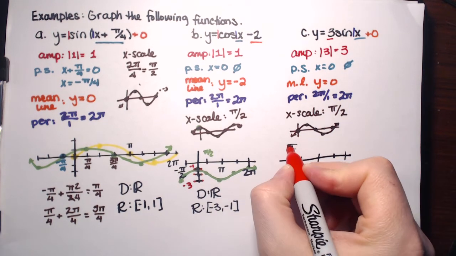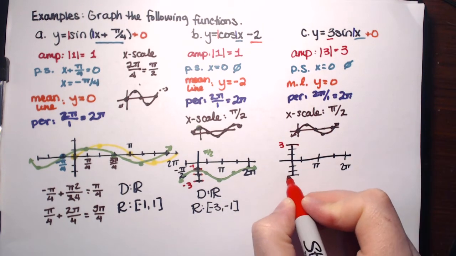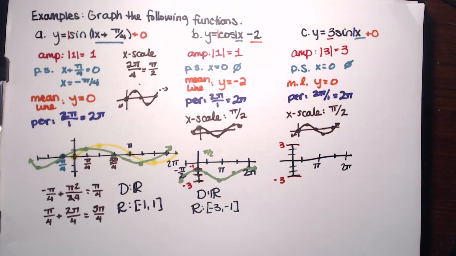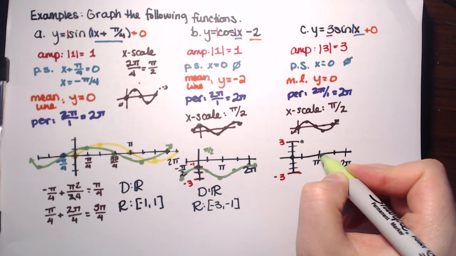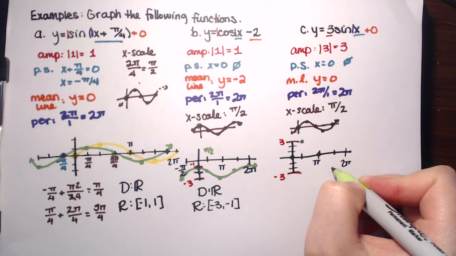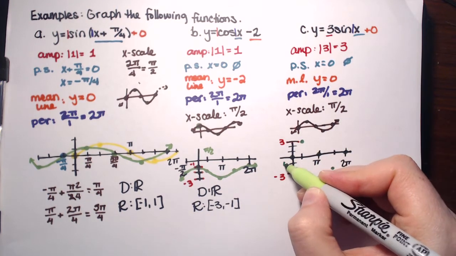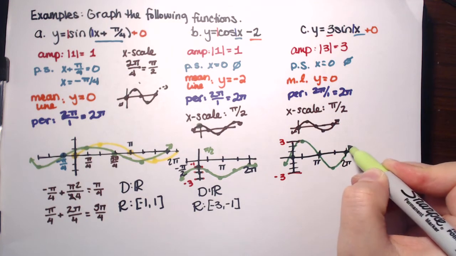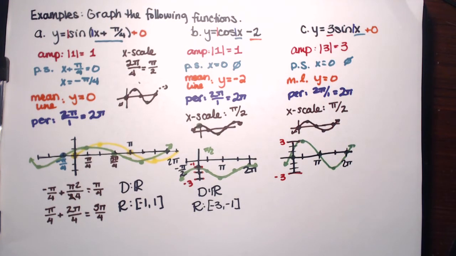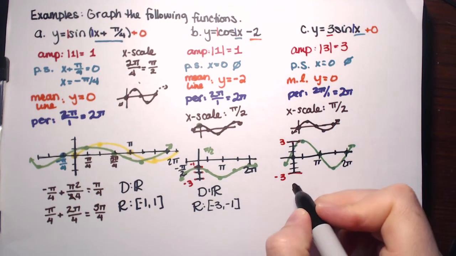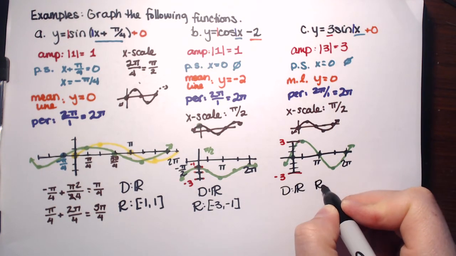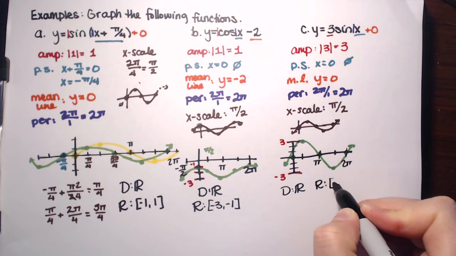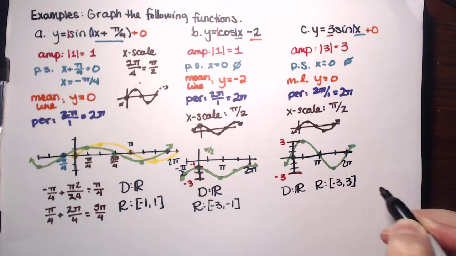So now the maximum is going to be 3, minimum is going to be -3. And because it's sine, sine starts in the middle. Step up, step middle, step down, step middle. Domain is all real numbers still. Range is from -3 to 3.